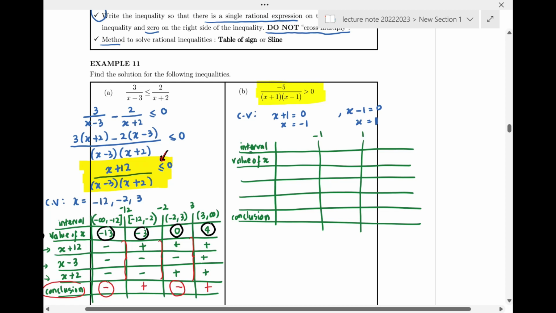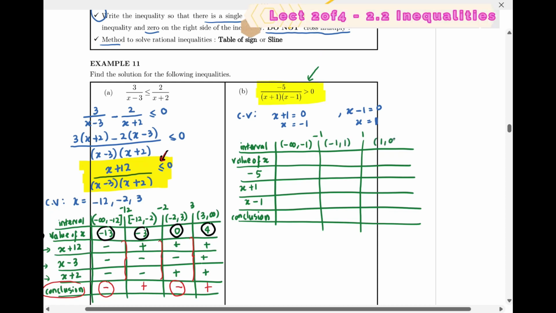And then you have to put in the negative 5 as well, then x plus 1 and x minus 1. Then the intervals: between negative infinity up till negative 1, open, because the question is already an open inequality, so it's easier. Then negative 1 up till 1, and lastly 1 up till infinity. Choose your values of x: negative 2, 0, and 2.